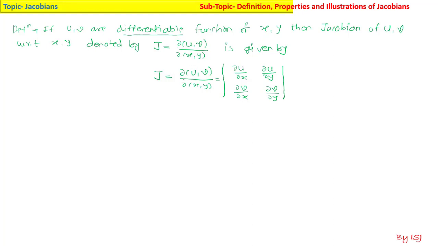And one more important thing, u and v, the numerator variables, we must have explicitly in terms of the denominator variables x and y to use this formula or definition.